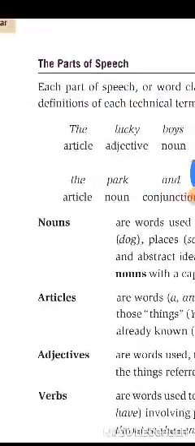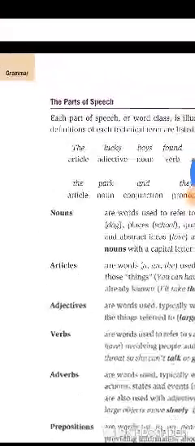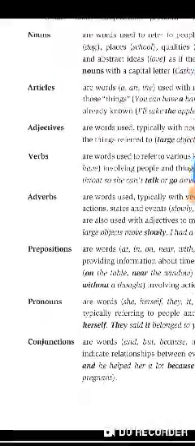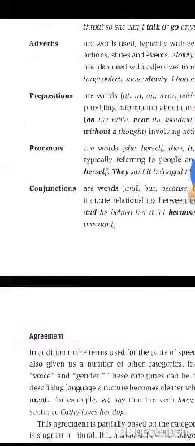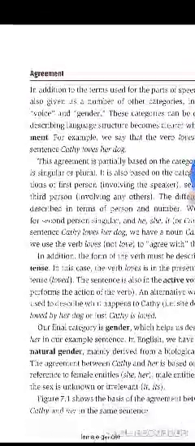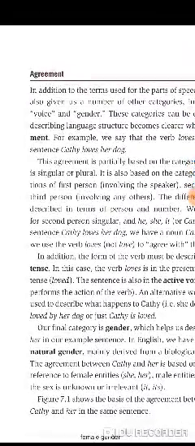You can read the rest of the line for yourself. So these are the parts of speech: nouns, adjectives, articles, verbs, adverbs, prepositions, pronouns, and conjunctions. These are the traditional categories.